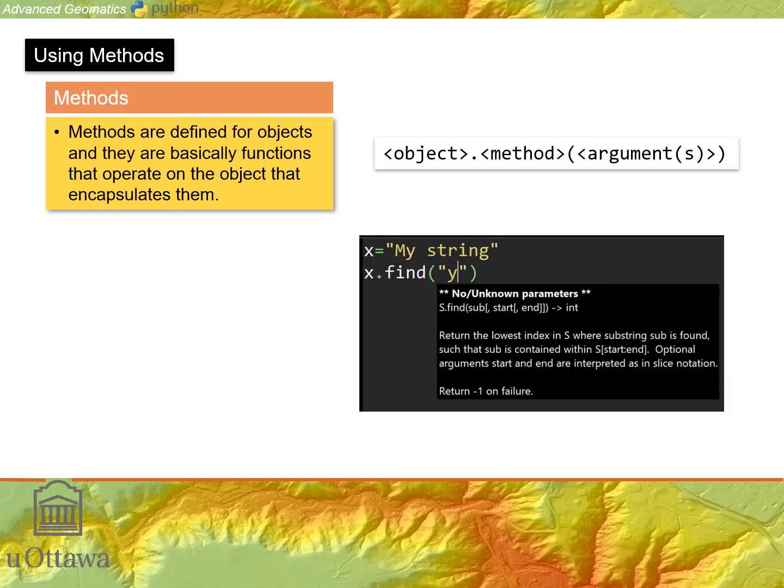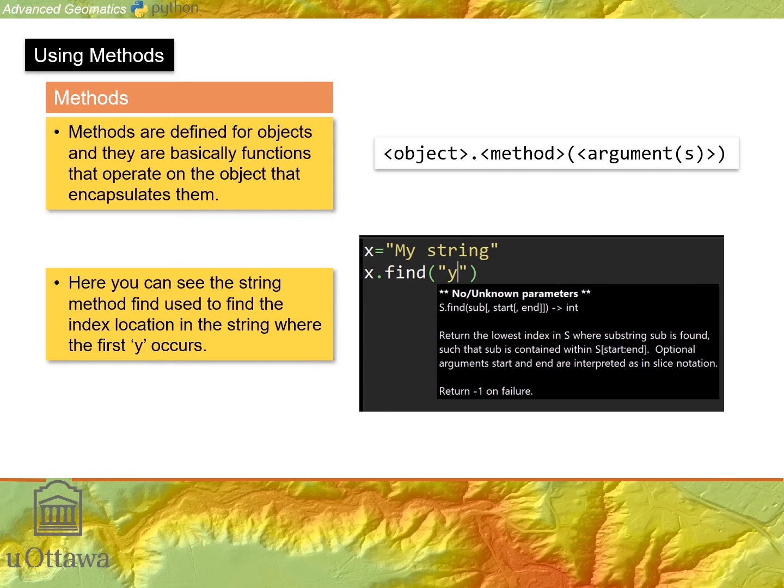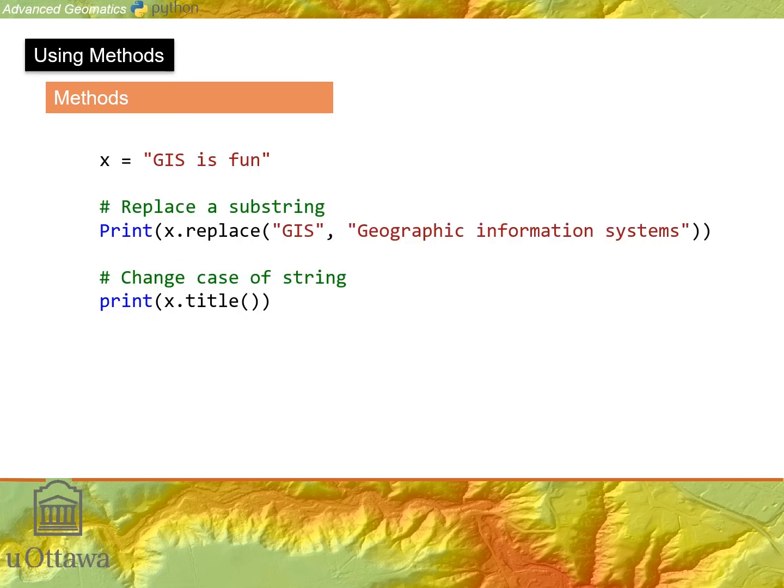Here, like the other methods, the find method finds the index value where the first y occurs in this string. And that would be at index 1. So x.find y would return the value of 1. Here, GIS is fun. And let's say we want to replace part of the GIS is fun with something.